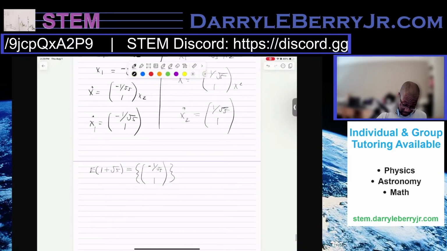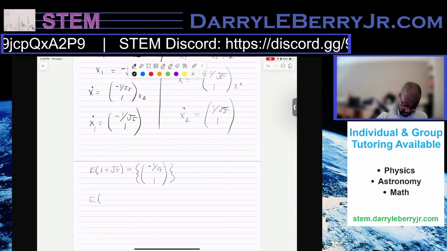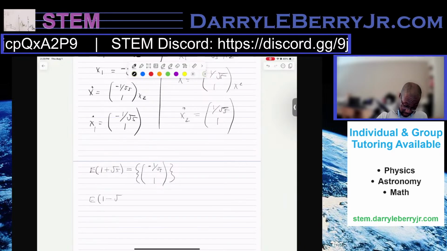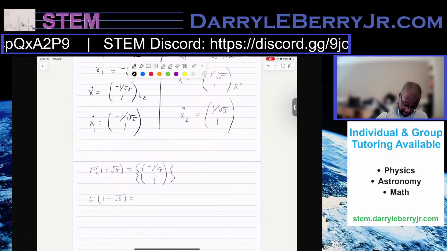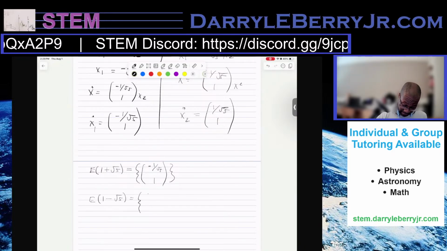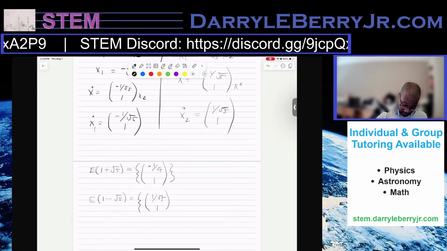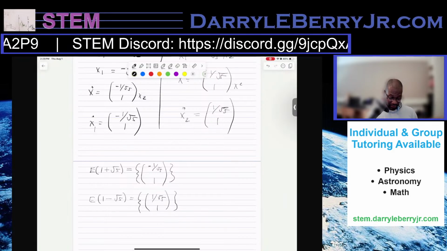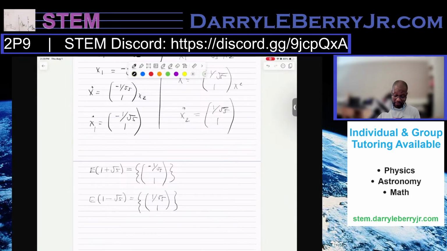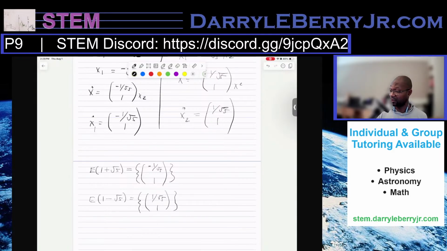And we can say the eigenspace of 1 minus square root of 5 is spanned by the eigenvector 1 over square root of 5, 1. Right. So that's the farthest we can go with getting eigenvalues and eigenvectors.